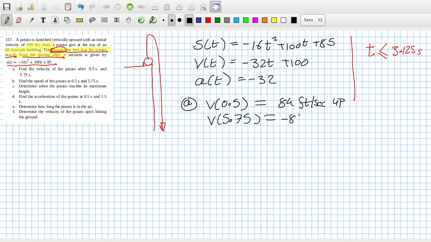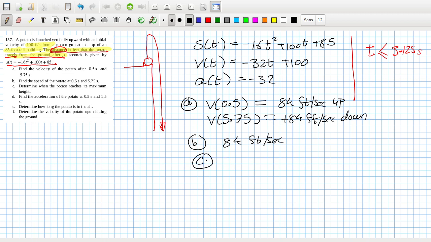And then minus 84, so we'll say 84 feet per second down. B, find the speed of the potato. That's 84 feet per second for both cases.